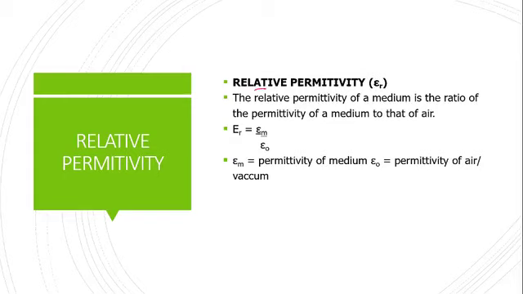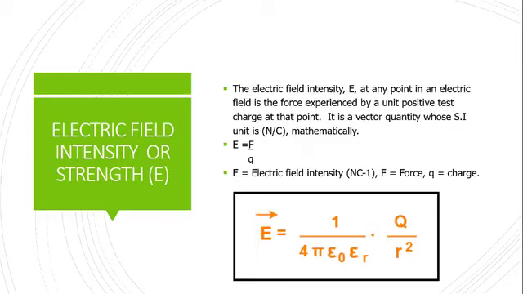The relative permittivity of a medium refers to the ratio of the permittivity of the medium to that of air or free space.